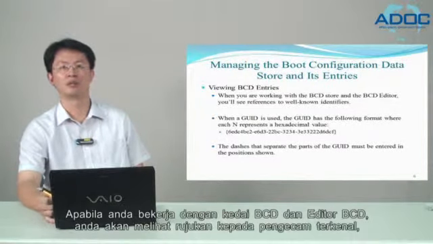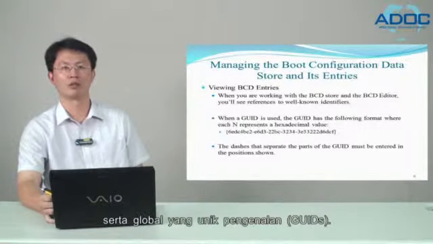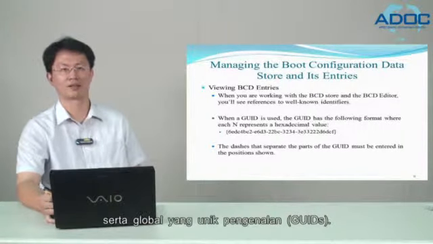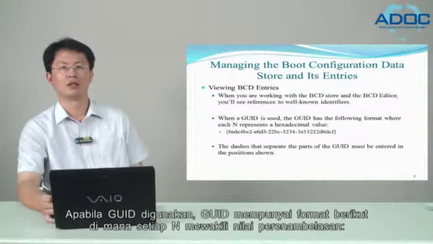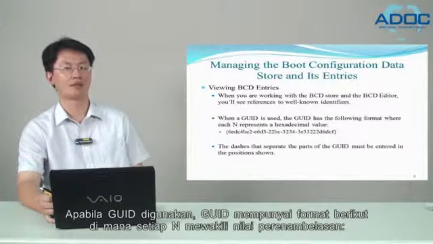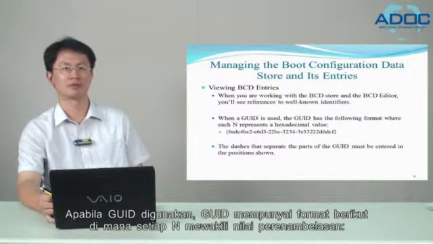When you are working with the BCD store and the BCD editor, you will see references to well-known identifiers, as well as globally unique identifiers, GUIDs. The GUID has the following format, where each N represents a hexadecimal value.